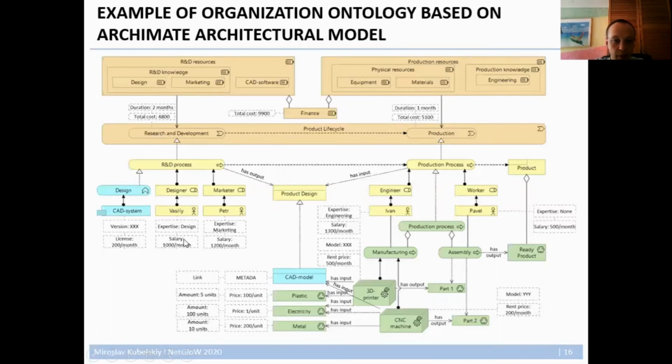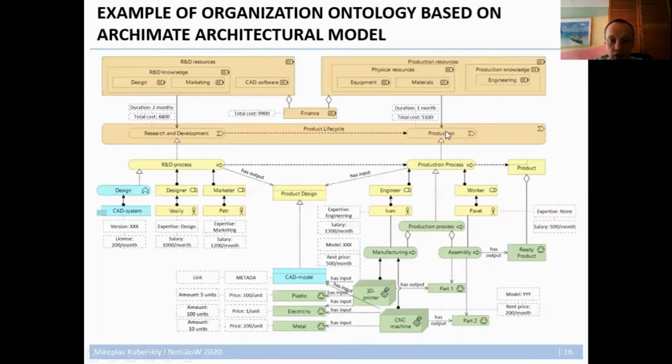These are attributes of these actors. An information system with a paid monthly license is also used for design. The result of this process is the design of the planned product, presented as a data object, a CAD model of the product.